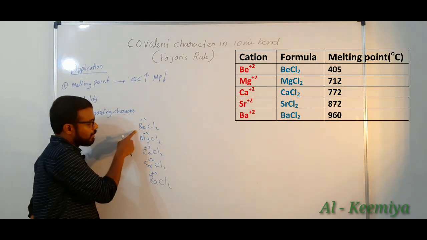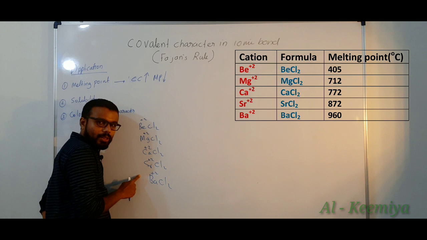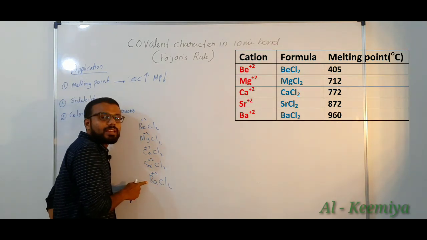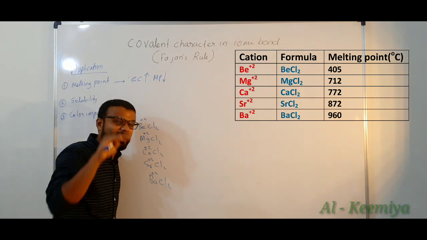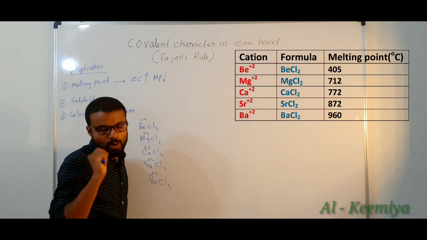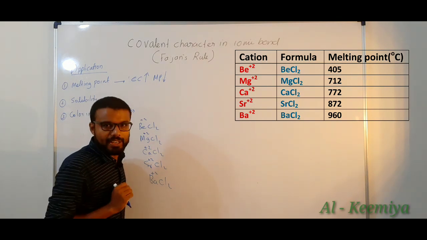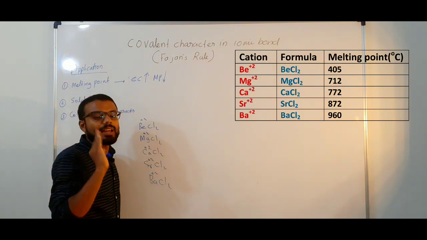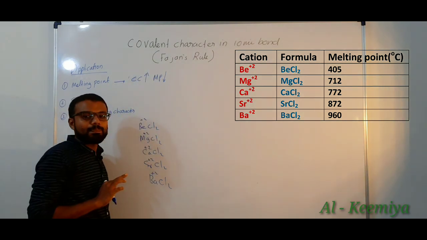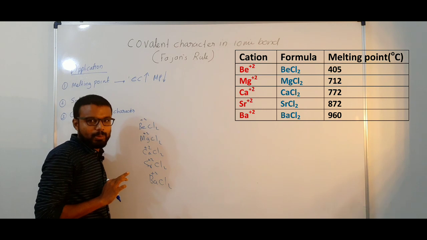Okay, so this belongs to the second group. Down the group, size of the cation increases. Higher the size of cation, lower the polarizing power. Lower the polarizing power, lower the covalent character. Lower the covalent character, melting point will increase.